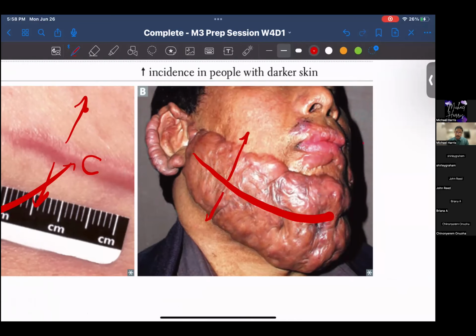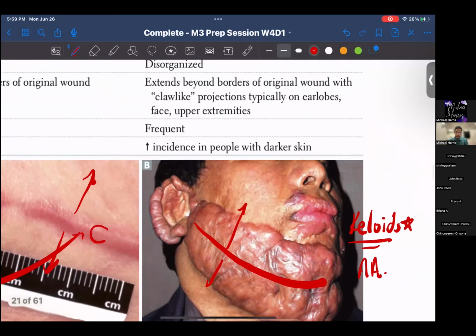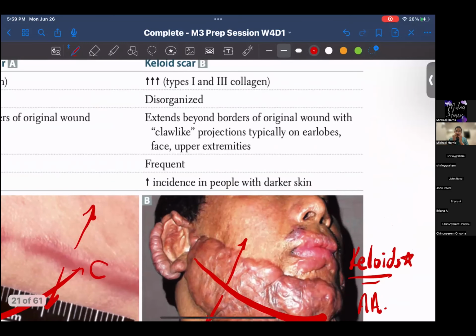This is known as keloids. These happen more often in African American individuals, which is also very important to know. They happen more on the face, the earlobes, they can happen on the nose. That's usually where you end up having these presentations of a keloid.